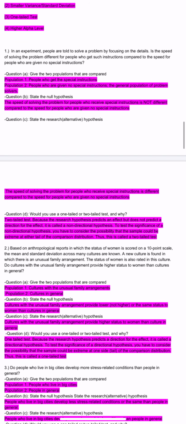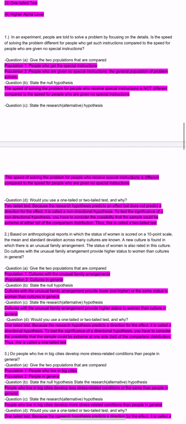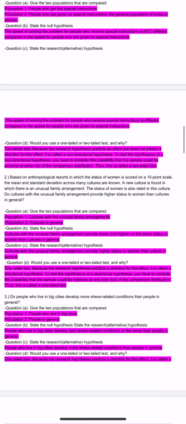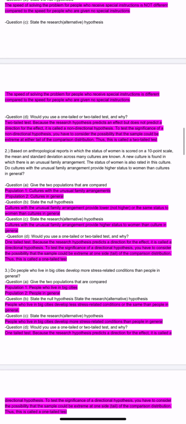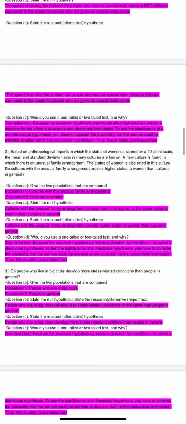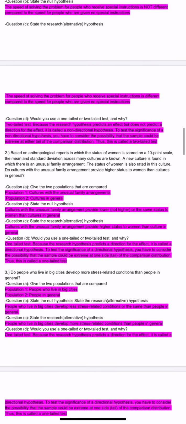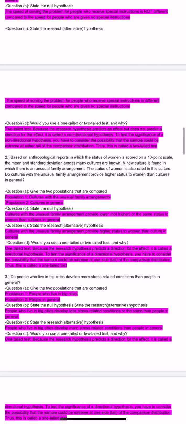The null hypothesis, which states there will be no effect, is that the speed of solving a problem for people who receive special instructions is not different compared to the speed for people who are given no special instructions. The alternative or research hypothesis is just the opposite on a two-tailed test. We know it's two-tailed because we hear the word difference.